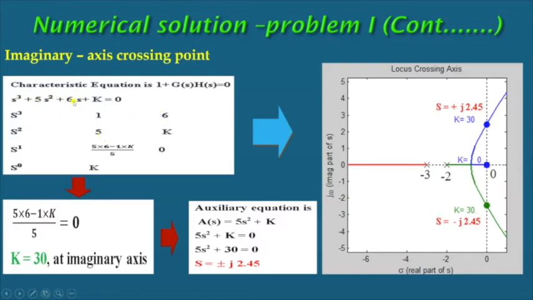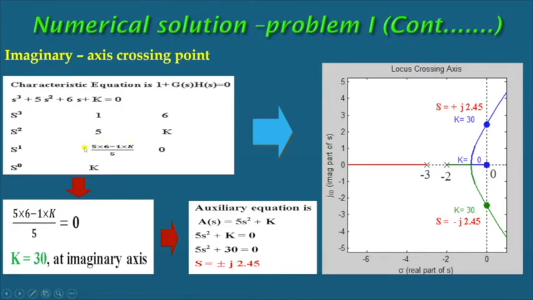This is 5, and this is K. Then (5 into 6 minus 1 into K) divided by 5. And 5 into 0, so this value is 0. And the last value is K.